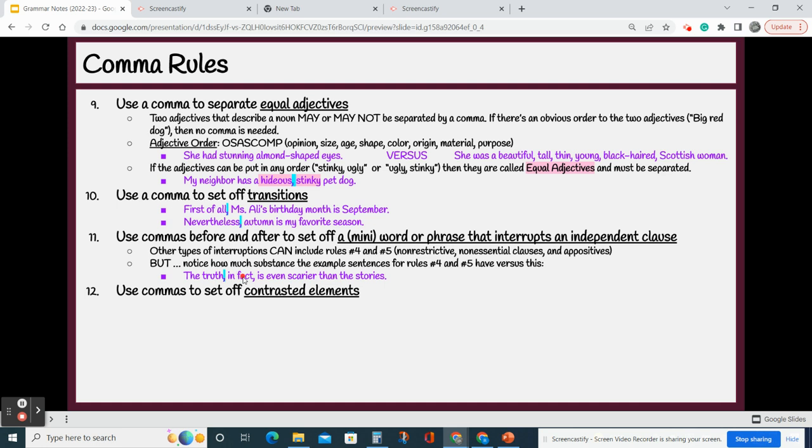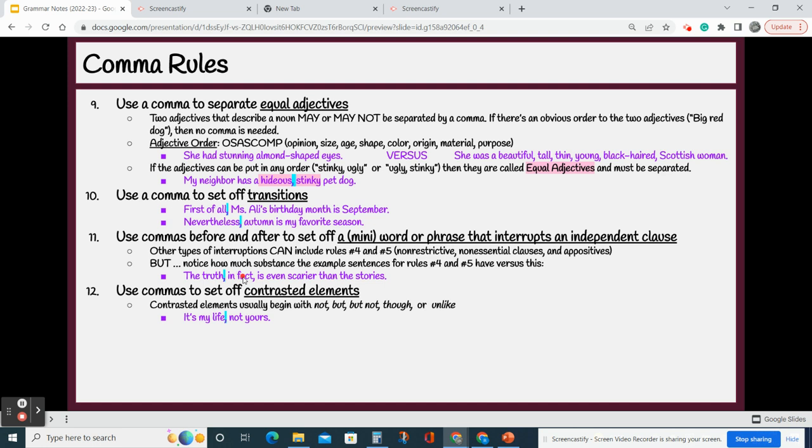And last but not least, we use commas to set off contrasted elements. What I mean by that is contrasted elements show that there is a clear distinction between two halves of a sentence. So, for example, it is my life, not yours. We're breaking up the difference between mine and yours.